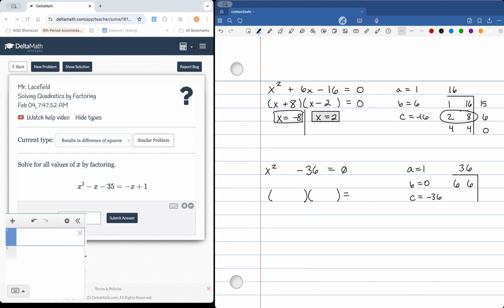That's the only way you're going to get 0 by adding or subtracting them. Keep in mind your c is negative, so we already know that it's going to be x plus, x minus. And so if I subtract these, I'm going to get 0. So it's x plus 6, x minus 6, which means the two solutions are going to be x equals negative 6 and x equals 6. One too many solutions there. So 6 and negative 6.